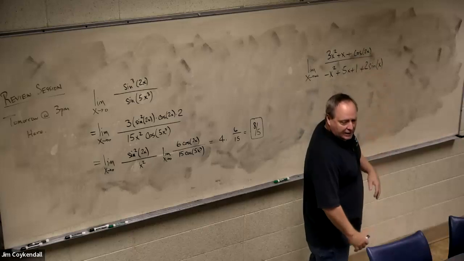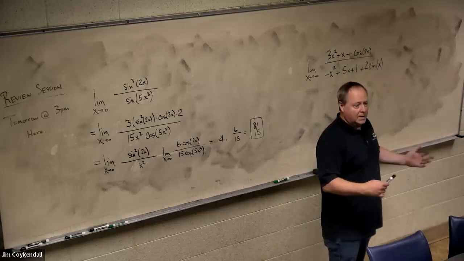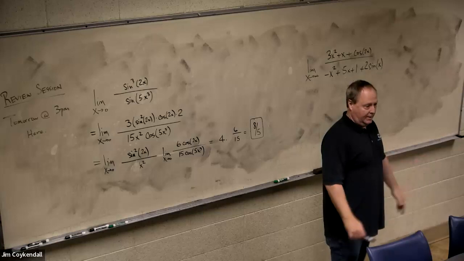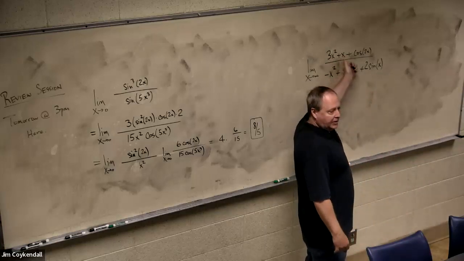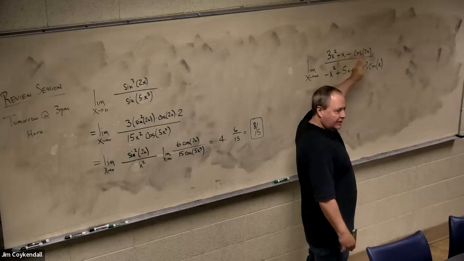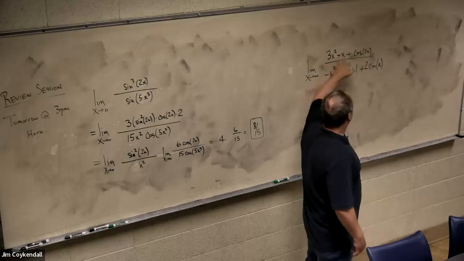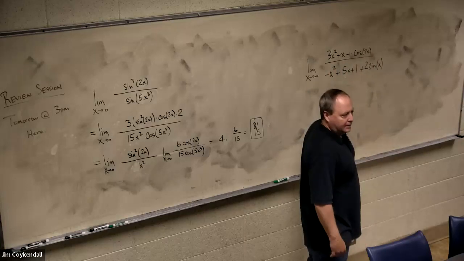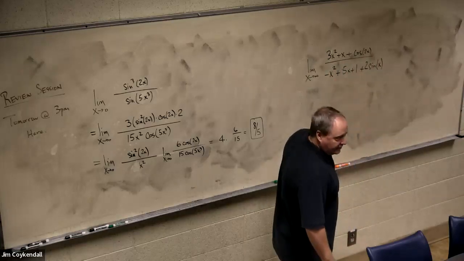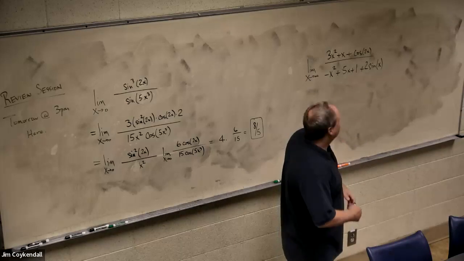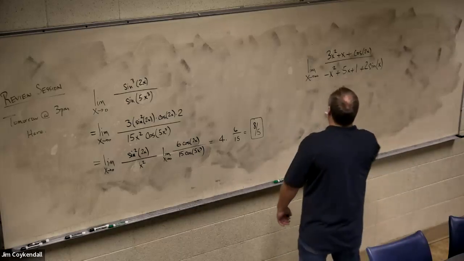So everybody remember the fact that cosine and sine are always between 1 and -1, right? So what happens at the top as x goes to infinity? Everybody agree it goes to infinity? Right, infinity plus or minus something. The bottom goes to negative infinity, right? This is a candidate for what we call L'Hopital's rule.